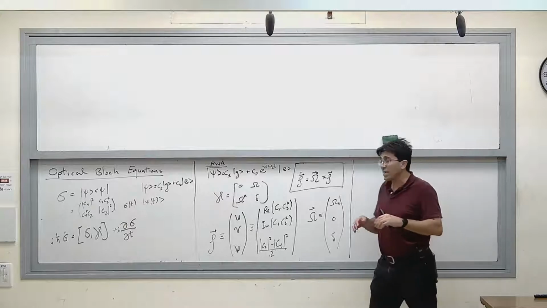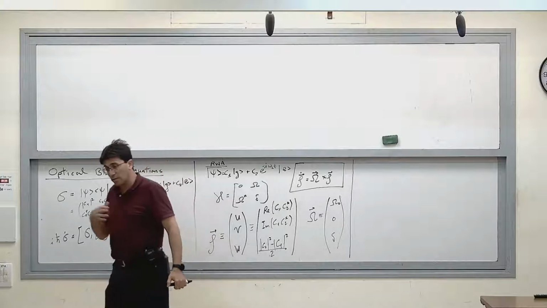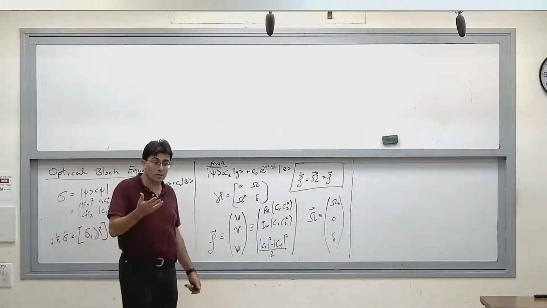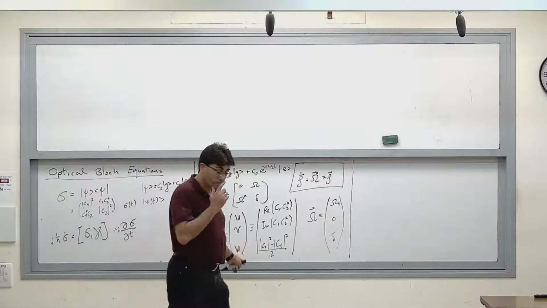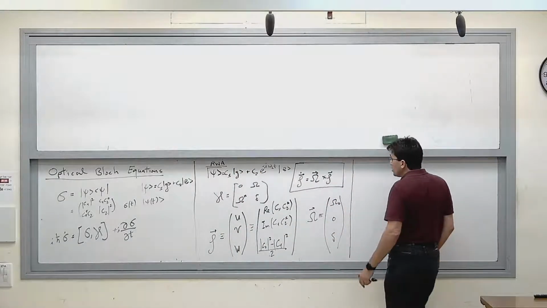So the dynamics of any two-level system, it doesn't even matter if it could be an atom in an optical field or whatever it would be, that's all that it does. So this is a very general solution.